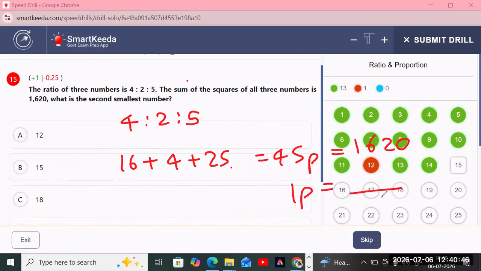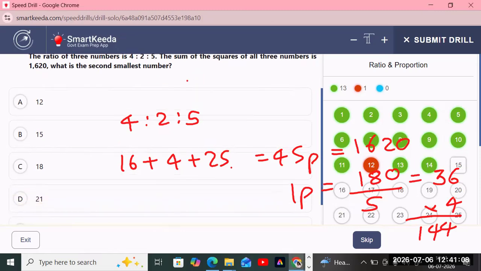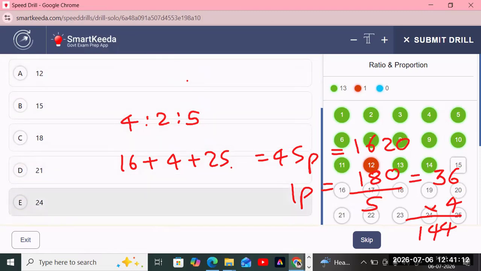One part is equal to 36. The second smallest number is 144.